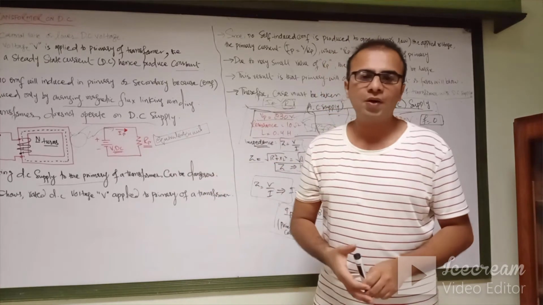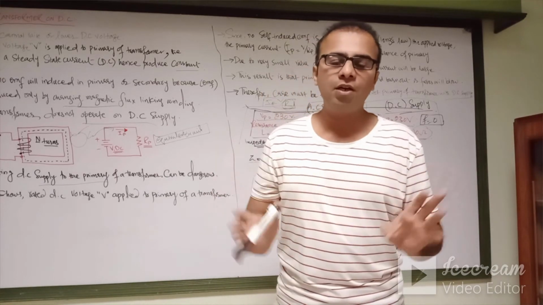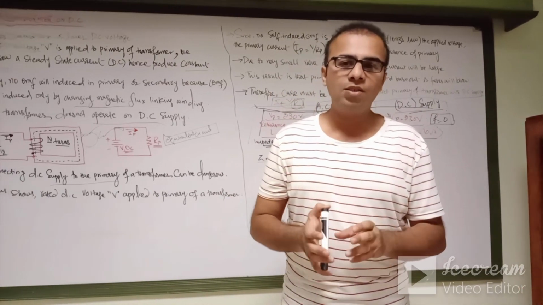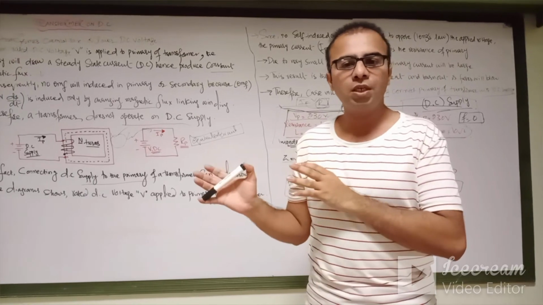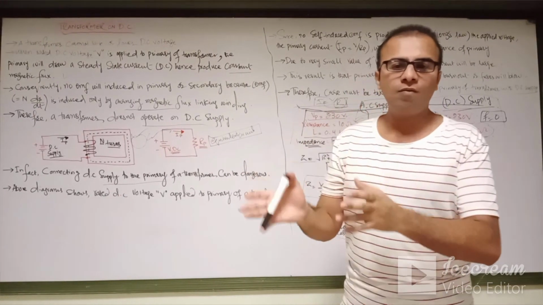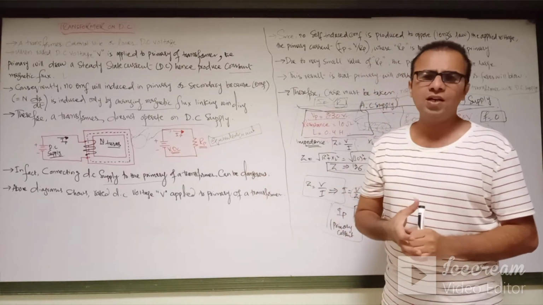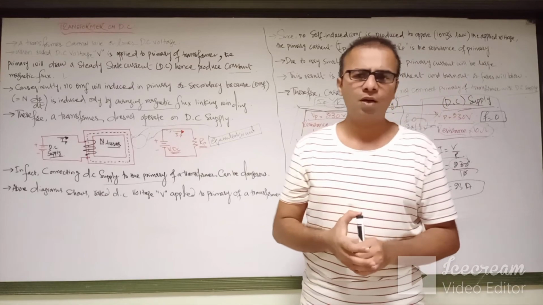If the transformer is connected with the DC supply, no EMF will be induced in the secondary side, because there will be no change in the primary flux, so it may cause overheating of the primary winding of the transformer.